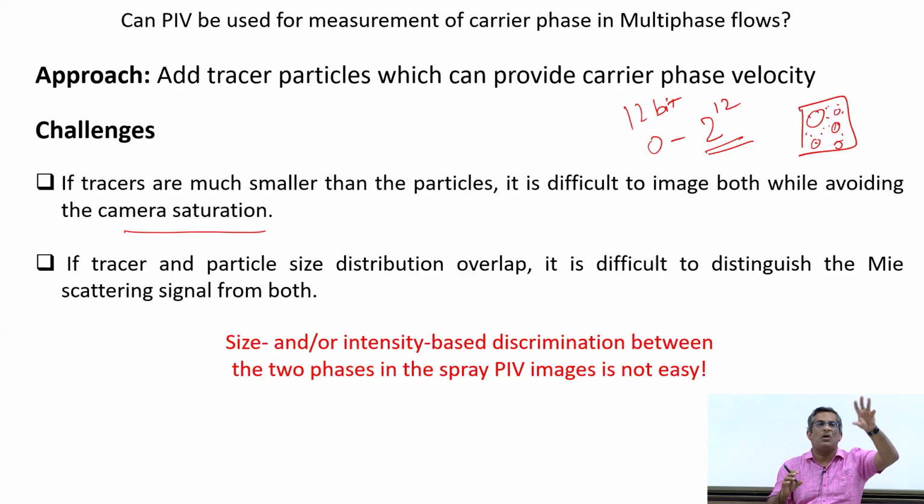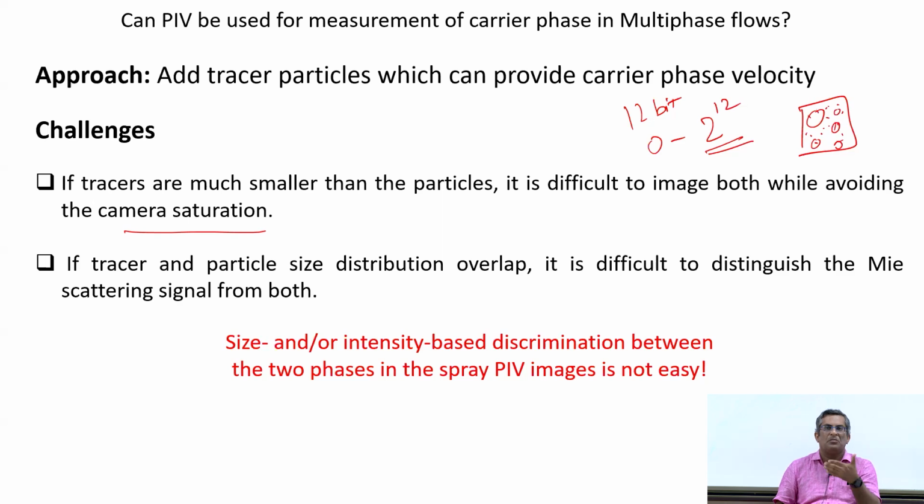If you have, let's say, 200 micron particles and seeding particles of 1 micron, or even 10 micron, it does not matter for discrimination, but imaging both will still be challenging because of the camera saturation issue. Let's say you avoid that somehow. Even then, we know which corresponds to dispersed particles and which to tracers. But if you have a spray with 10 to 100 micron particles, then it will be very difficult.